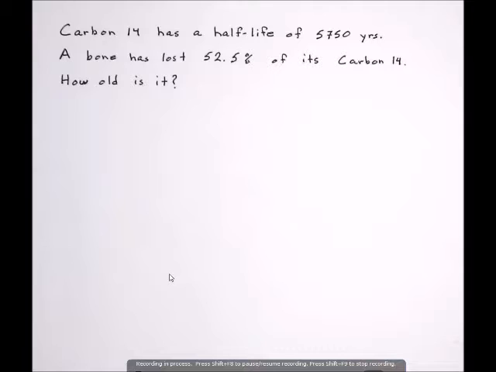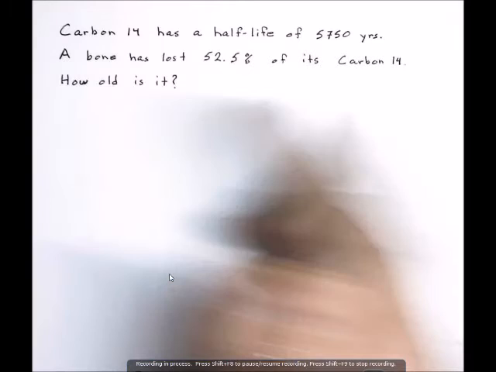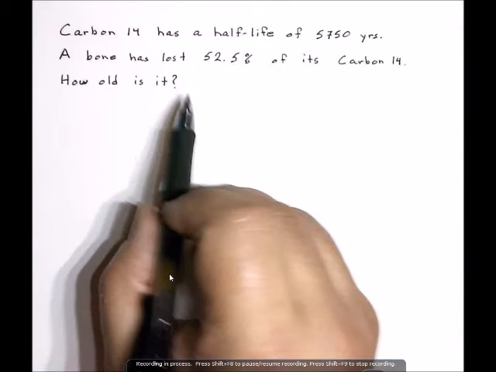And you couldn't have a problem in this section without the infamous carbon-14 problem. Here we have carbon-14 with a half-life of 5,750 years, and some scientist has a fossil bone that has lost 52.5% of its carbon-14, and I want to know how old it is. Well, the first thing I do is I have to try and set up an equation with what I know.